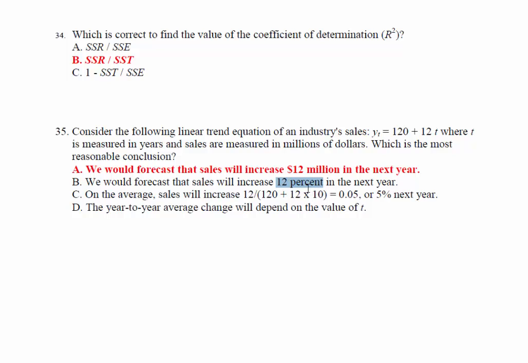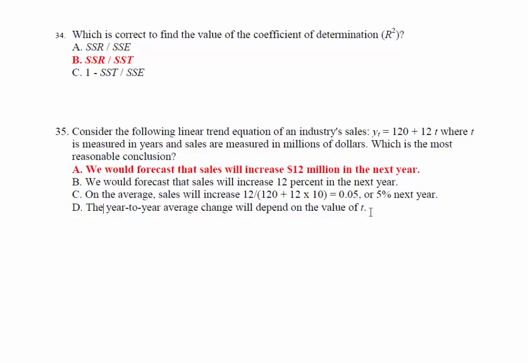We know it's not a percentage, right? This is wrong. On average, sales will increase 12 times 0.05 or 5% next year. That is not true because where is that from? The year-to-year average change will depend on the value of T.